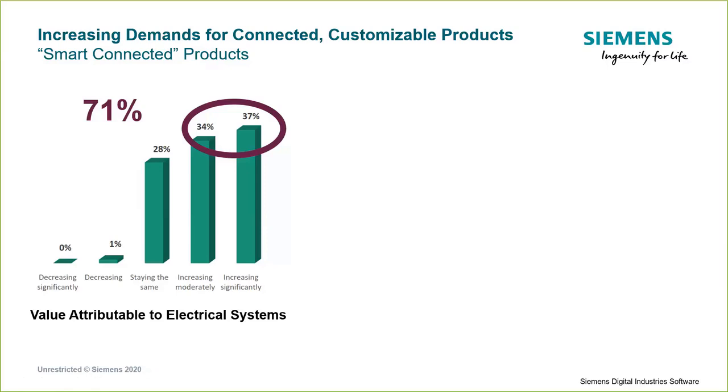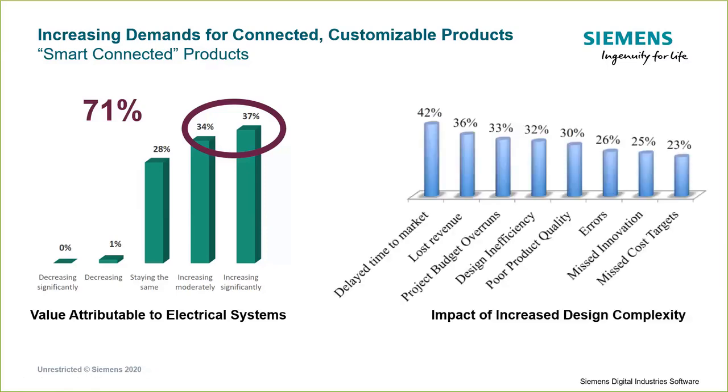So the designs are becoming more complex, and that's creating some challenges for these companies and the teams. And here's more data to support that. What is the impact of this additional design complexity? Well, it puts pressure on the market, the time to market, lost revenue, easy for the projects to overrun with these complexities, and there's a lot more design inefficiencies, which can also affect the quality and optimization.